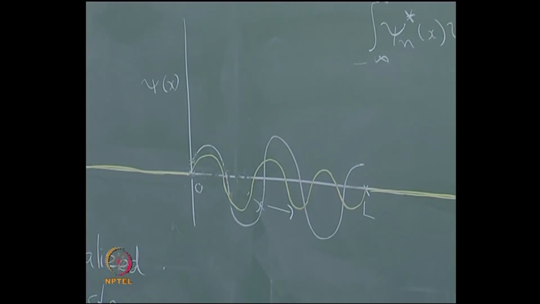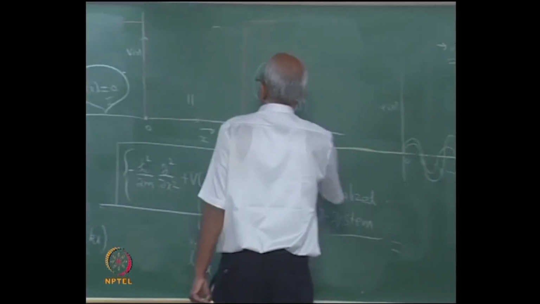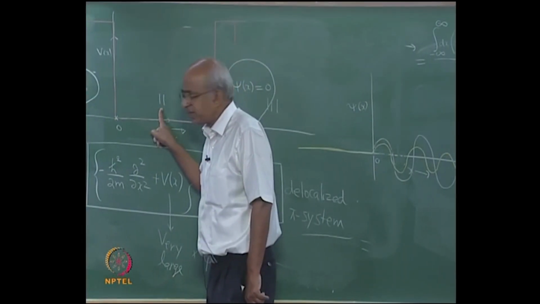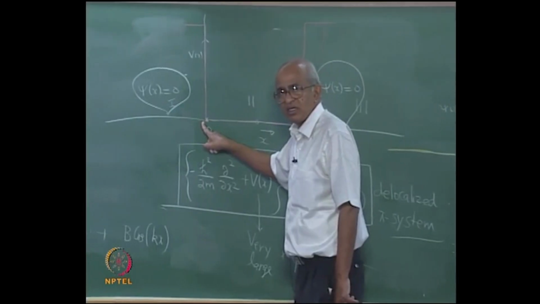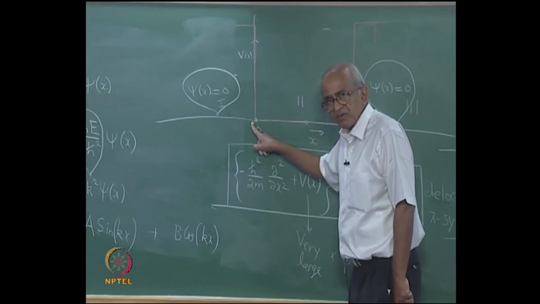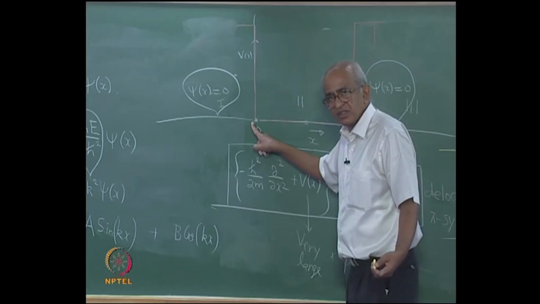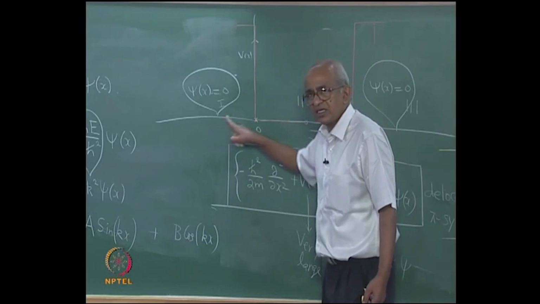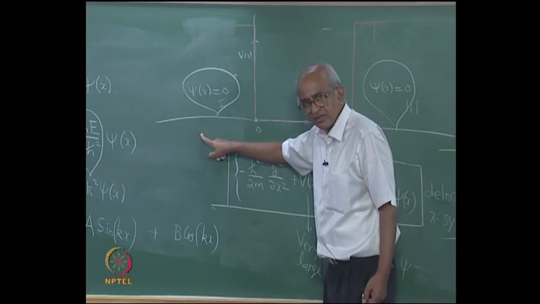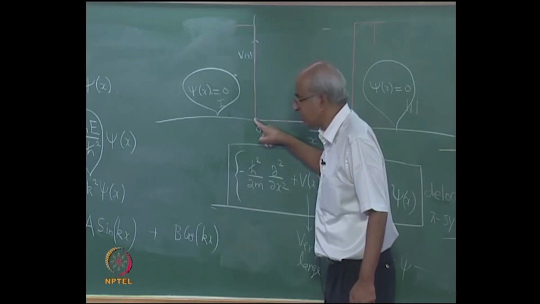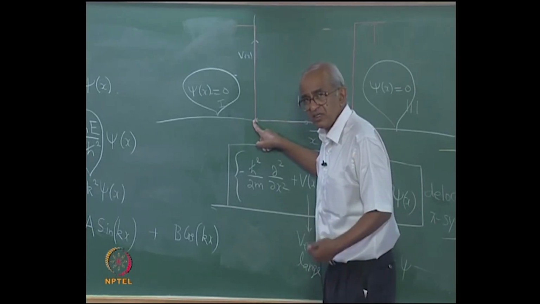And if that is the way it is, what is the condition that my wave function within this region should satisfy? At x equal to 0, its value must be equal to how much? In order that the function is continuous, from the left hand side the wave function is 0 everywhere, and in order that the function is continuous, the wave function's value at x equal to 0 must be 0.